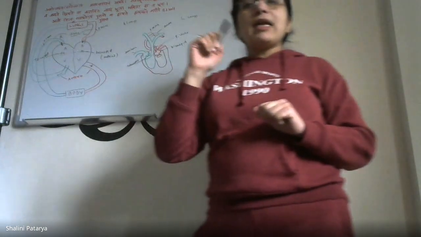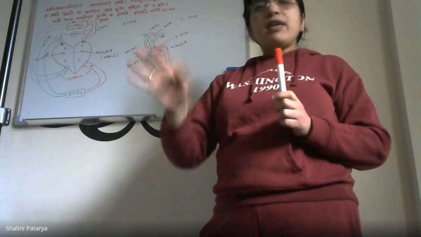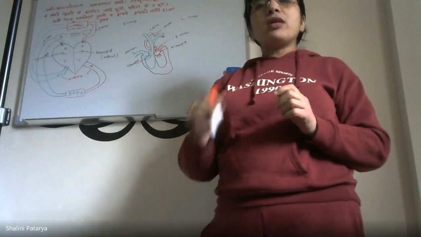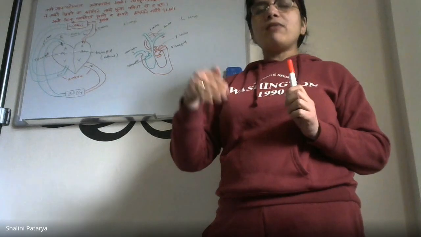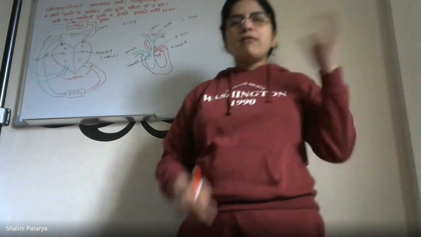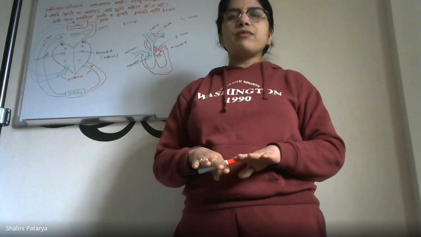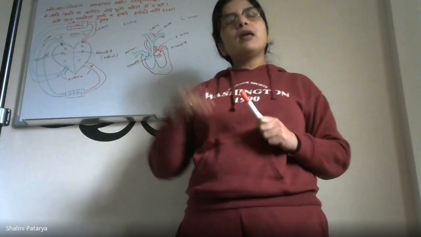Always understand, the atrium will be the entry point of the blood, whether it is coming from the lungs or from the body. Don't think that pulmonary will be opposite or normal veins and arteries will be opposite, because if you do that, you will be confused till your exams.